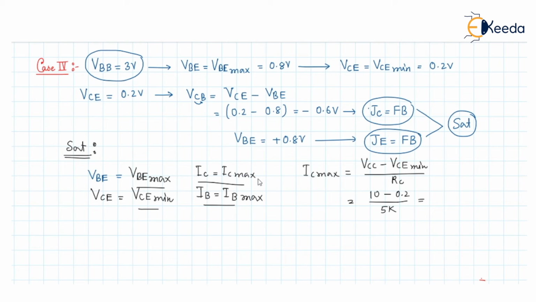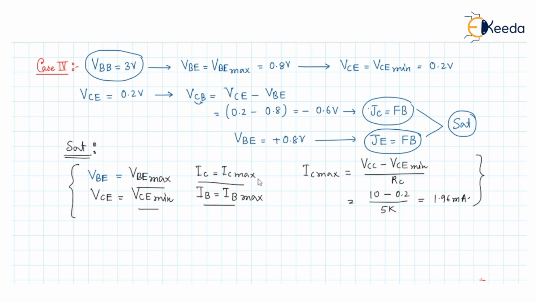If we calculate, then we will get 1.96 milliampere. So we can say that right now the transistor is in saturation, and in saturation we will get this type of potential and this type of current.